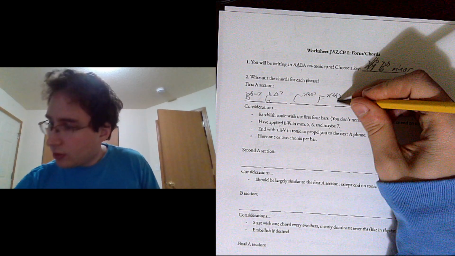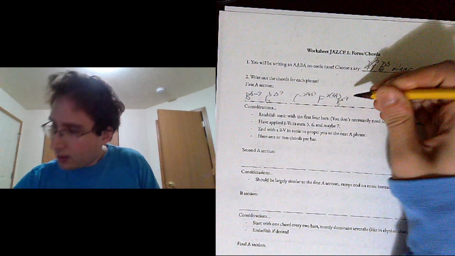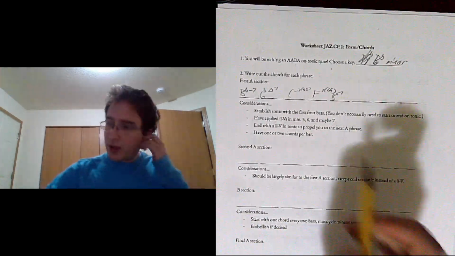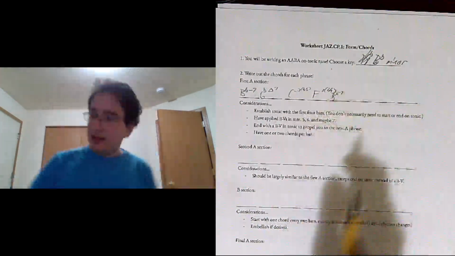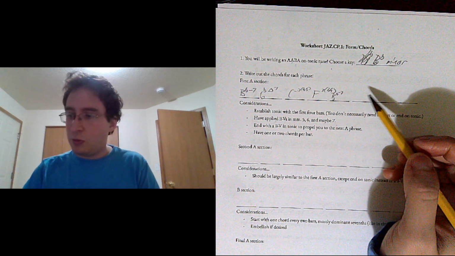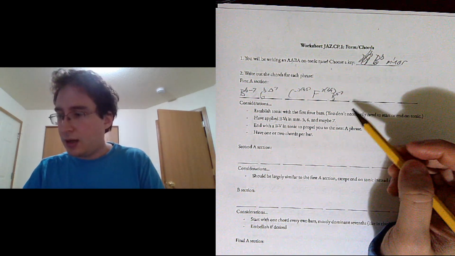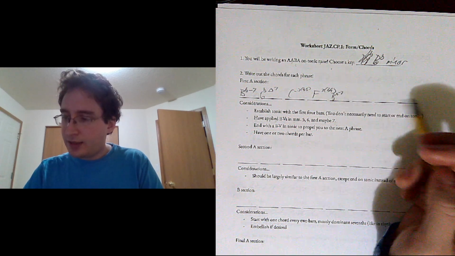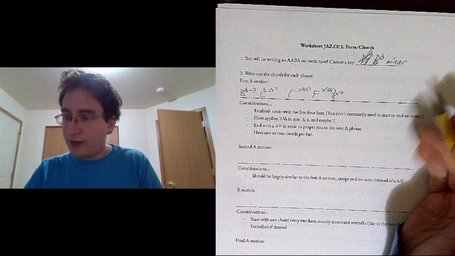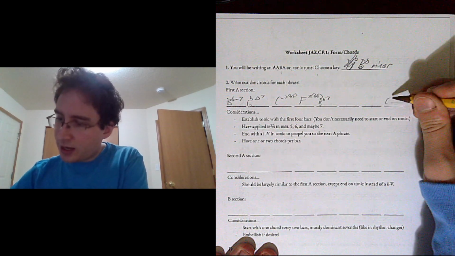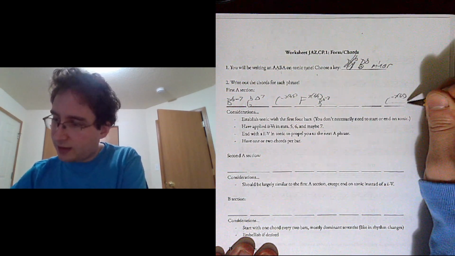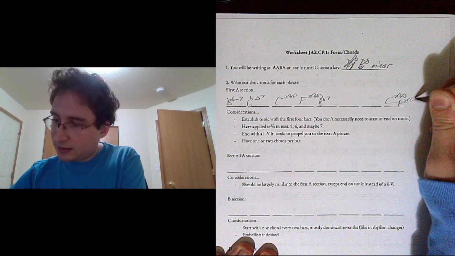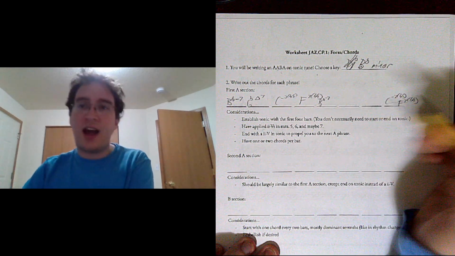Going back to B flat minor 7. Now I need applied 2 5s in this area. It doesn't need to be 1 per bar, but maybe 7, and we want to end with a 2 5 in tonic. So we know we're gonna want to end with the C minor 7 flat 5, and let's keep that flat 9 on the 5 because I like it.